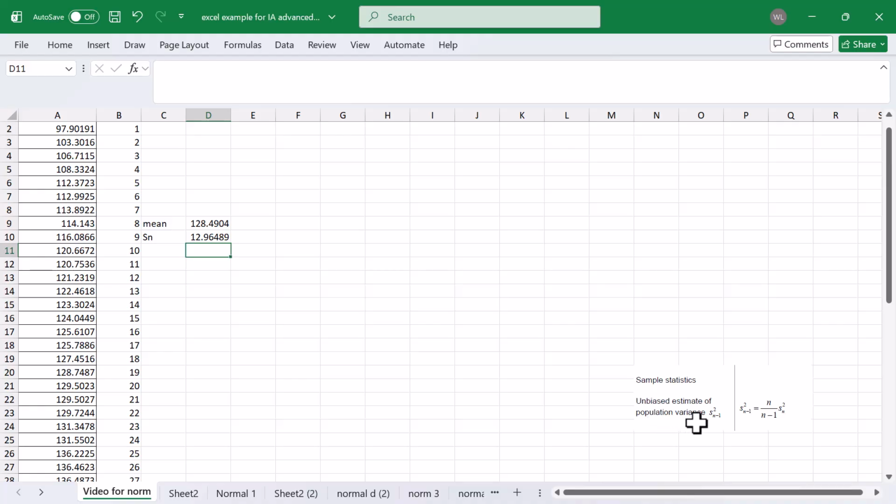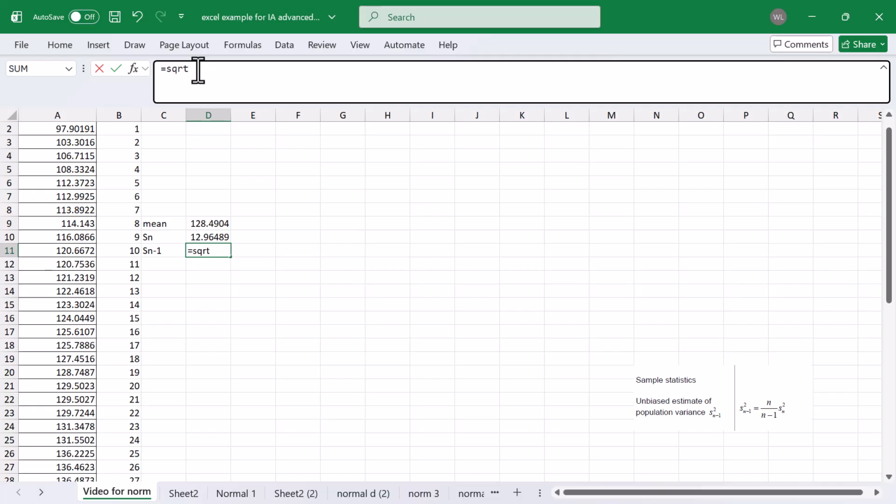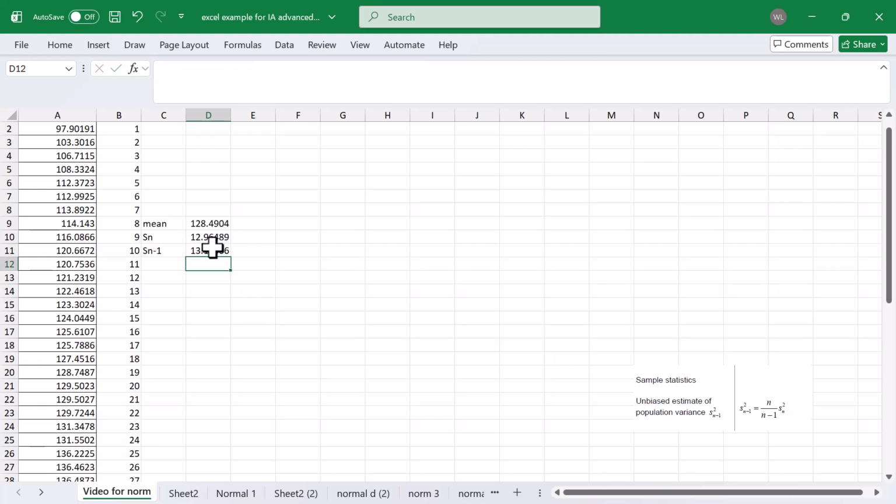This S sub n minus 1 equals SQRT, which means square root, then parentheses, n is 40 divided by 39, n minus 1 is 39, then times this S sub n, then enter. We got 13.13 and so on.